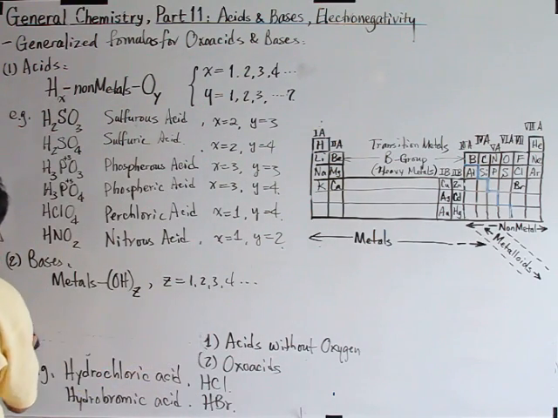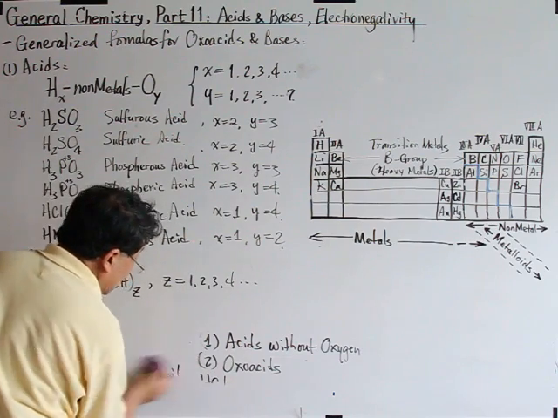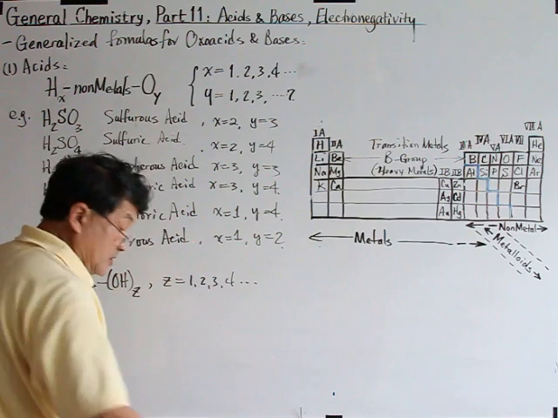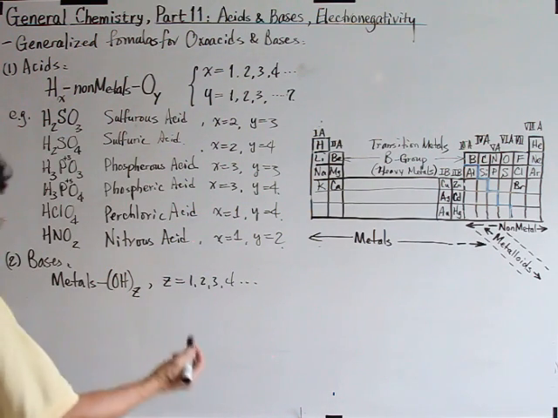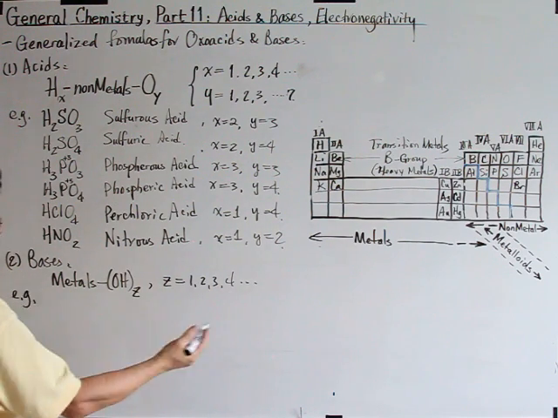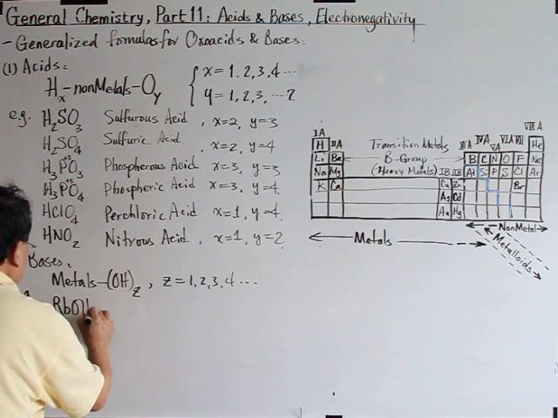The base has OH, right? Now we're not talking about ammonia without OH in itself. When we talk about some acid, the base has OH already. So let's say we have an example right here. We already cited a couple of them. Let's pick this one, rubidium hydroxide.